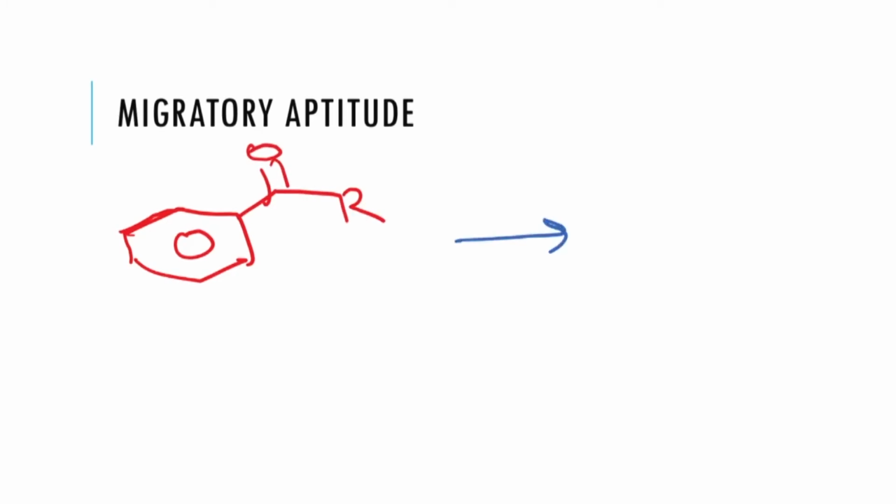Let's say you start with an asymmetrical ketone. In the example that we looked at, it was cyclohexanone, which is a symmetrical ketone, so either carbon migrating is going to give you the same product.